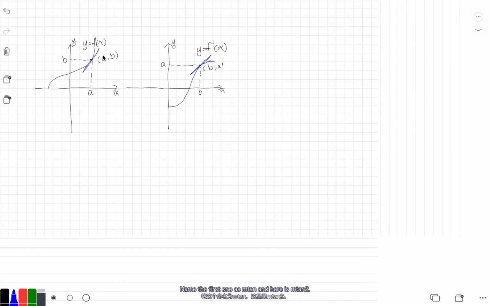Name the first one m tangent and the second one m tangent 2. Notice that tangent lines have reciprocal slopes, so m tangent 2 equals 1 divided by m tangent.